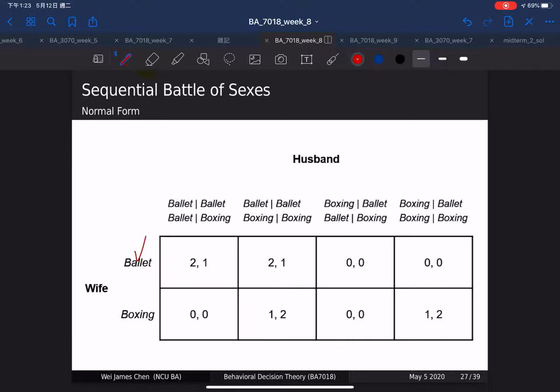The husband's best response is choosing this strategy or this strategy, so I underline the payoff here. Do people get that? Okay. If the wife chooses boxing, then this strategy and this strategy are the best response, so I underline the 2 here.